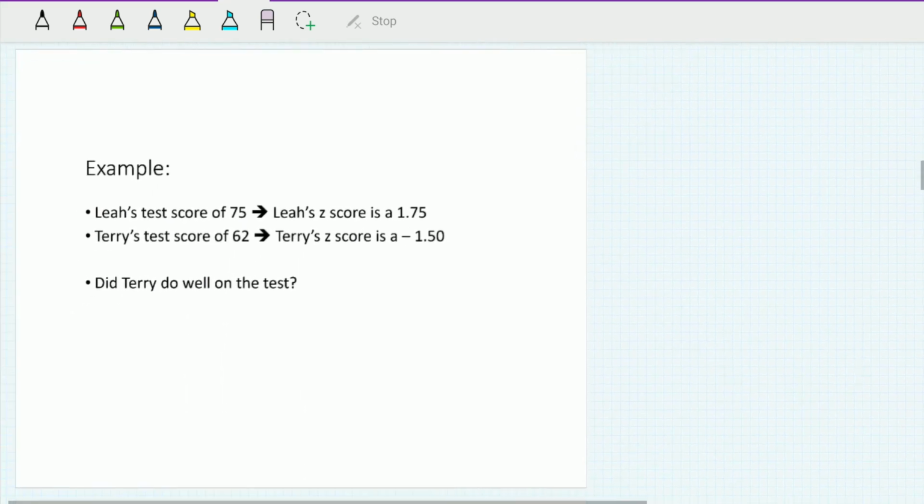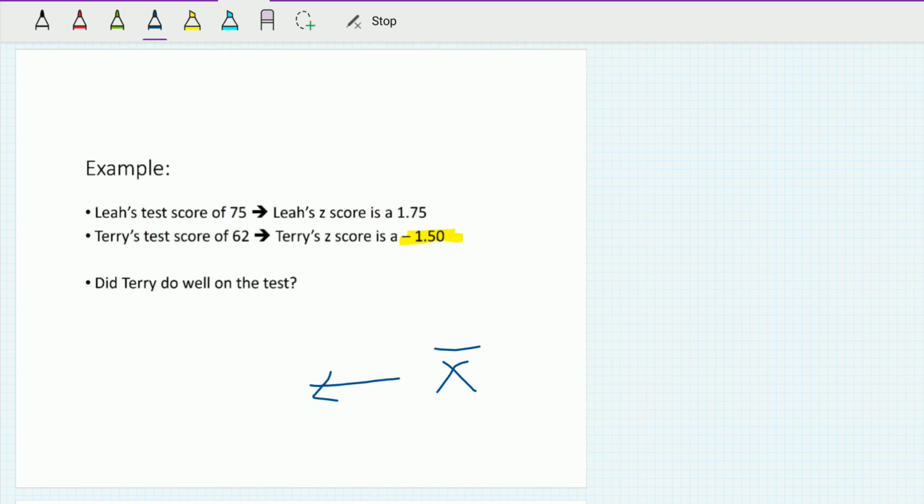So for instance, if we see this here, did Terry do well on the test? Well, the z-score is a negative number, so that's one thing you should already focus on. If the average is here, we know the negative numbers are going to be on this side.